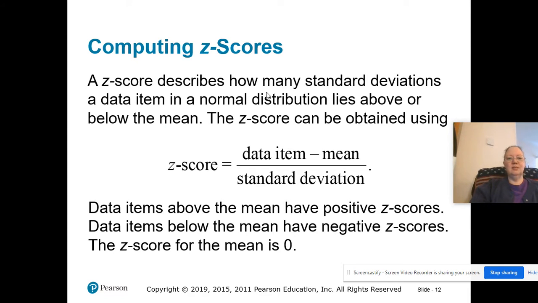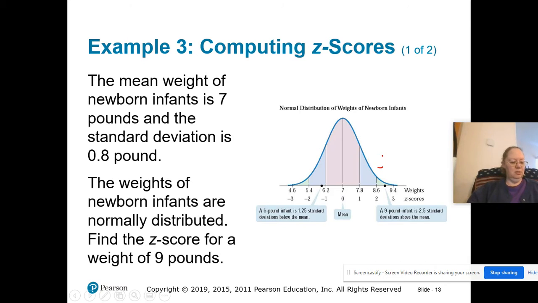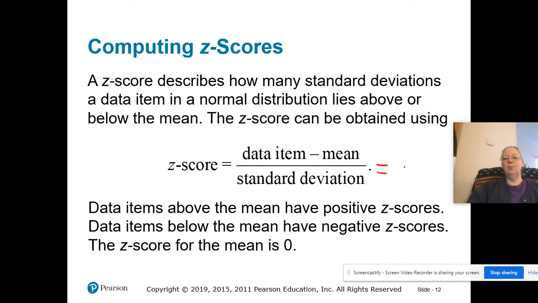The actual number that we get is going to be the number of standard deviations either above or below the mean. So if it is a positive z-score, then we are going to be above the mean. And if it's a negative z-score, we are going to be below the mean. And if we check the z-score for the mean itself, it will be 0.